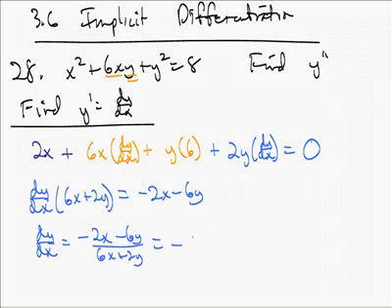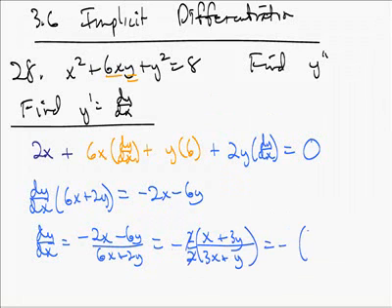Let's factor a 2 out of the numerator and out of the denominator. That leaves me with x plus 3y, and I factored out that negative also, over 3x plus y. And so those 2's divide to 1. We're left with the negative of x plus 3y over 3x plus y.